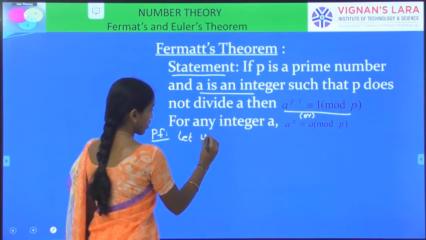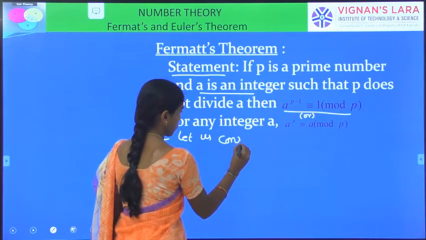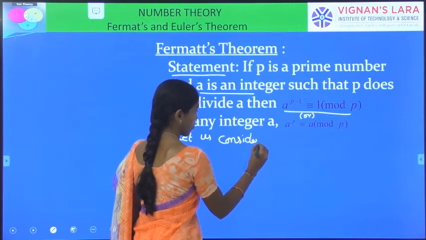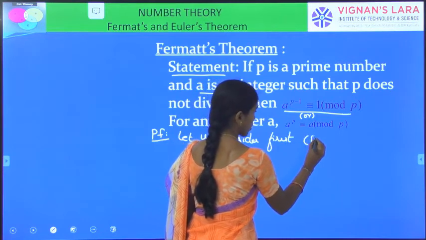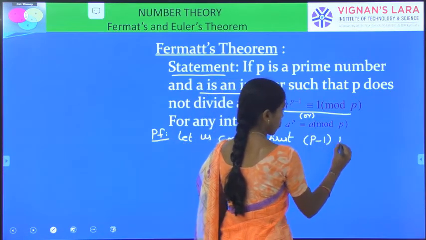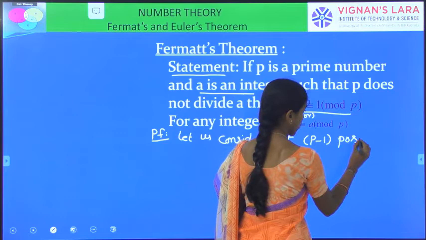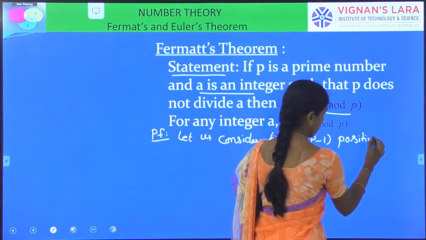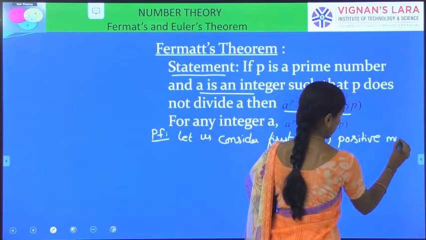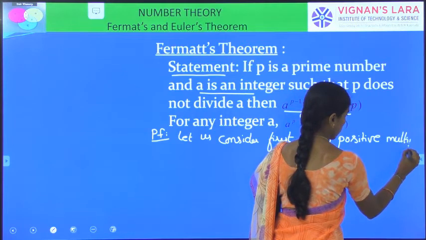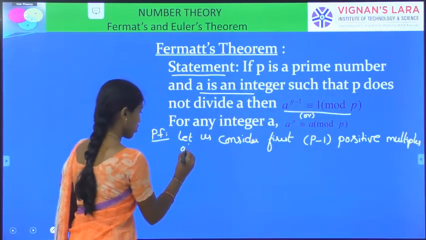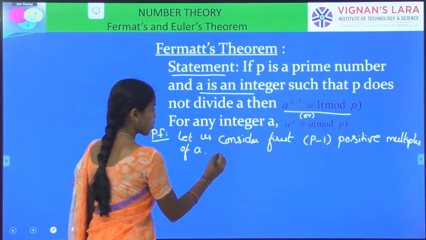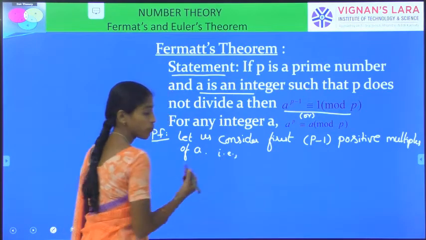Let us consider first the P minus 1 positive multiples of A. So what are the positive multiples of A?